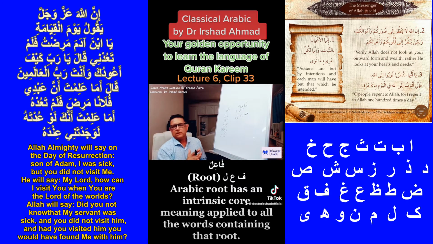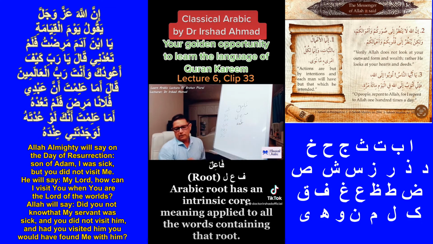And alif is kind of extra. I will explain what I mean by that. So these are three letters. So we can say, in other words, that the origin of this word fa'ilun is fa, ain, lam. And in English we call this the root of a word, of an ism. So that's root.